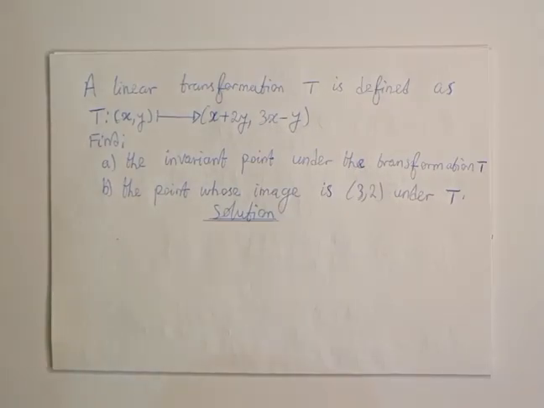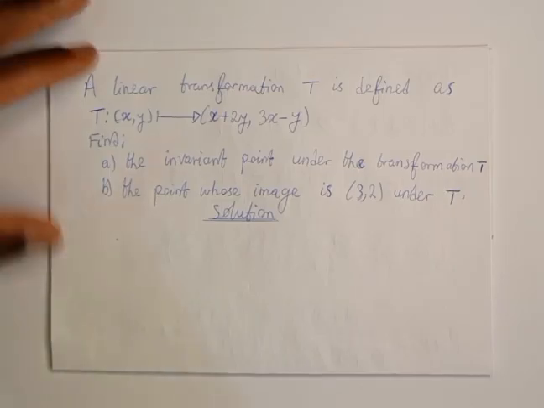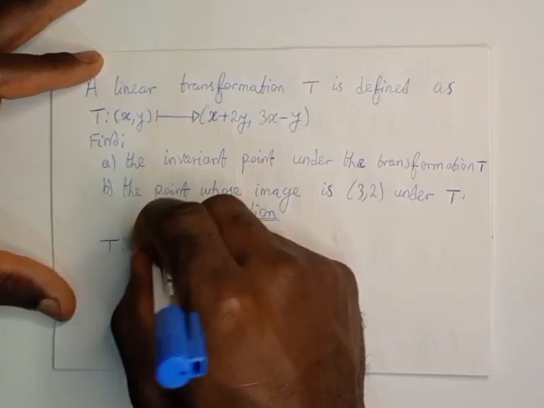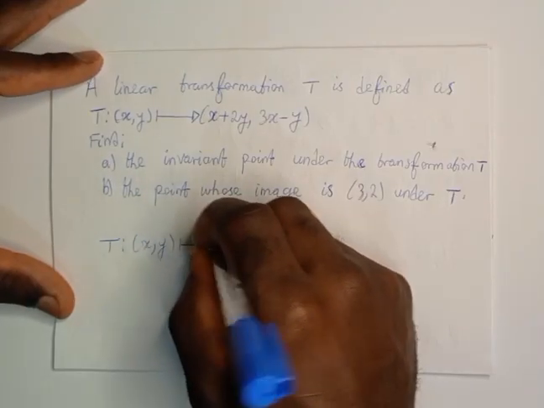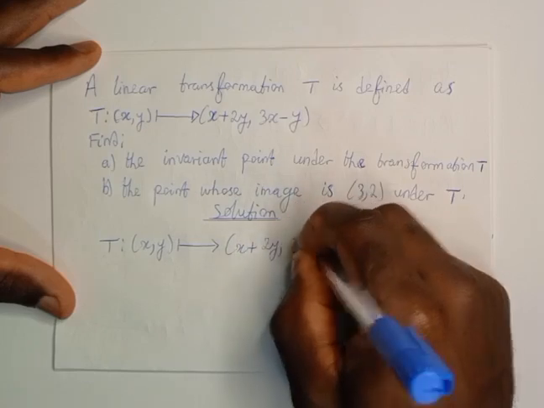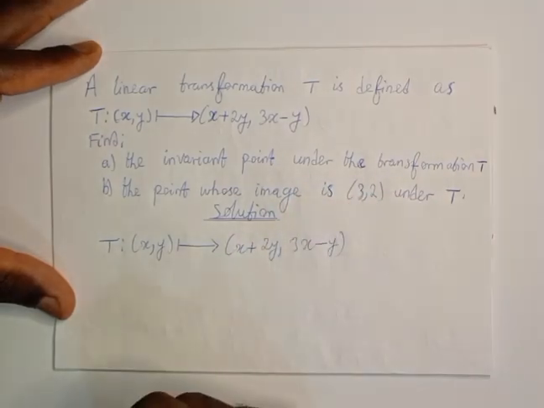The invariant point under a transformation is simply that point which remains unchanged after transformation. That means the point is mapped onto itself. We have T that maps the point (x, y) onto (x + 2y, 3x − y).